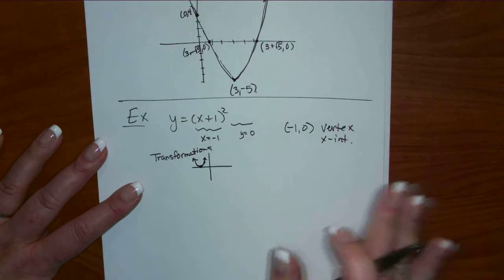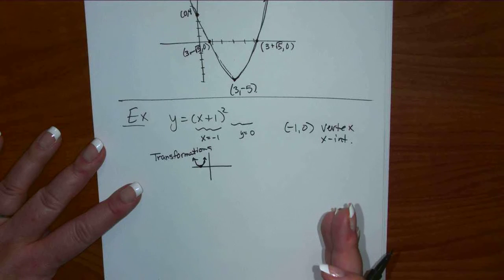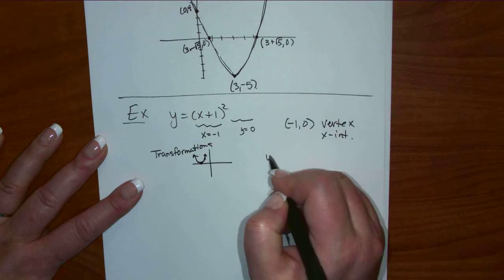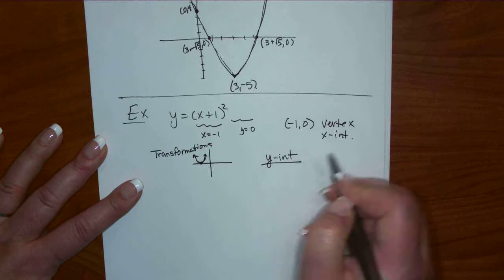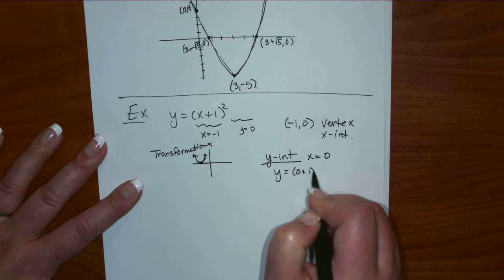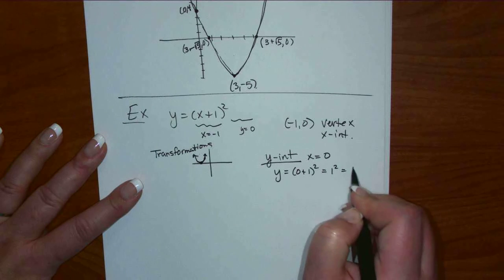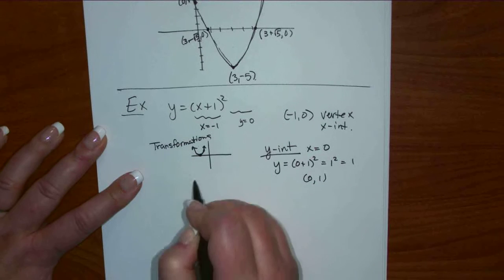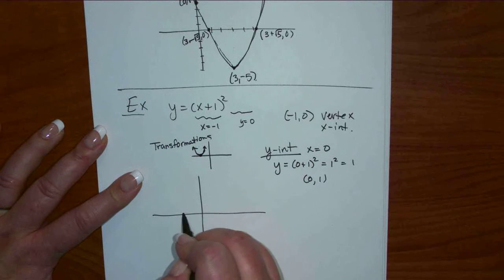There's no other points on the X-axis. So we just need to find the Y-intercept, where we let X equal 0. And then we can draw it for real. So -1, 0, and 0, 1.